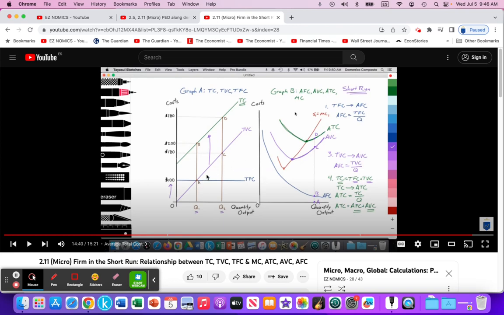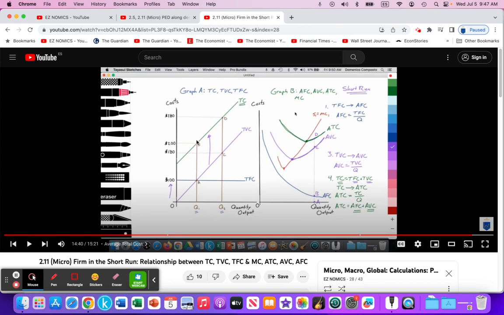But as you increase output, your variable costs increase. This could be the cost for labor, the cost for other capital resources that you employ to produce more units. So as the variable costs increase, the total costs increase. Essentially, the distance between the total cost and the total variable costs is the value of the total fixed costs.